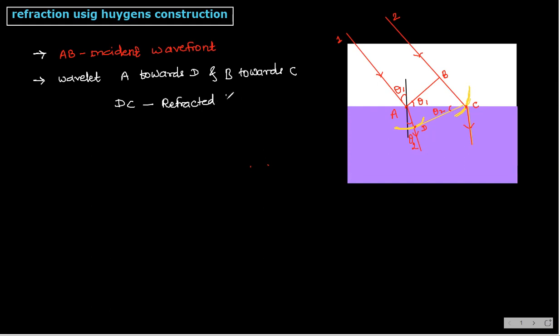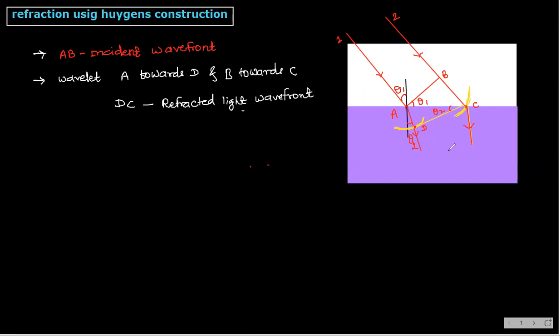Refracted light wavefront. Wavelet is what? A towards D and B towards C. And then DC is what? Refracted light wavefront. Okay.